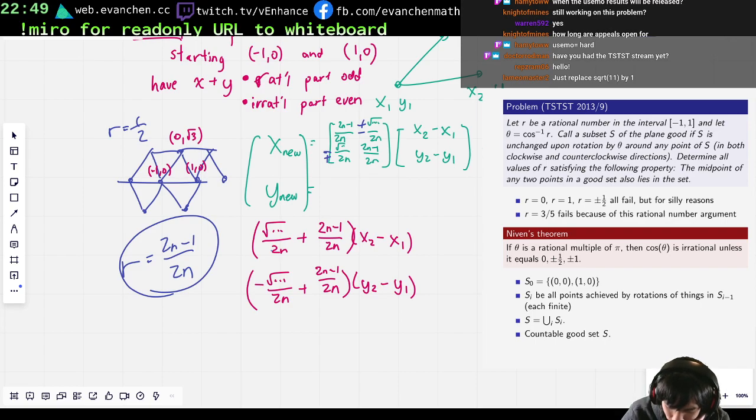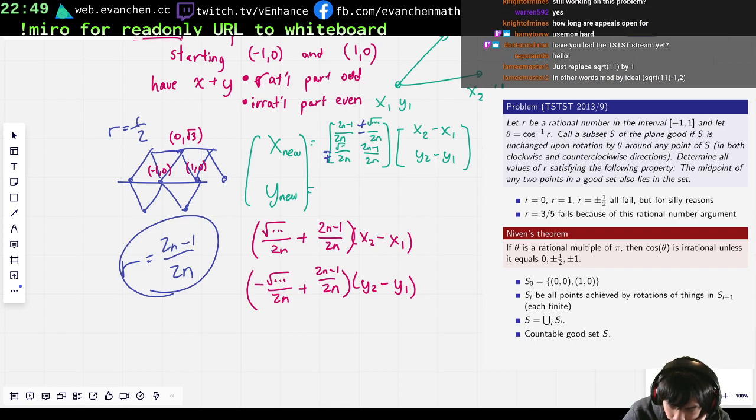Okay, is there a definition of even that doesn't require me to separate the rational and irrational parts? Root 11 by 1. In other words, look at the ideal. That's high IQ. Alright, so mod the ideal root 4 minus 1, comma 2.